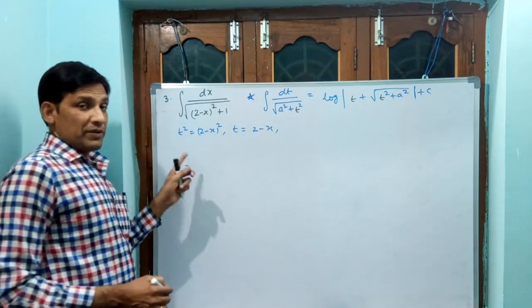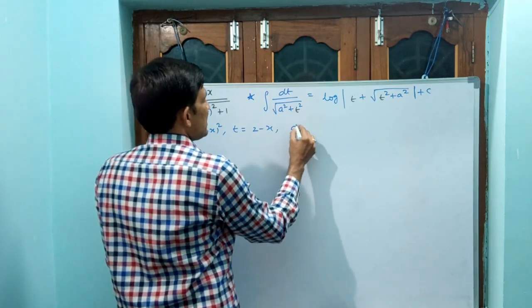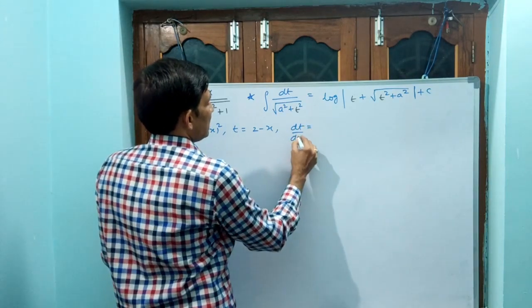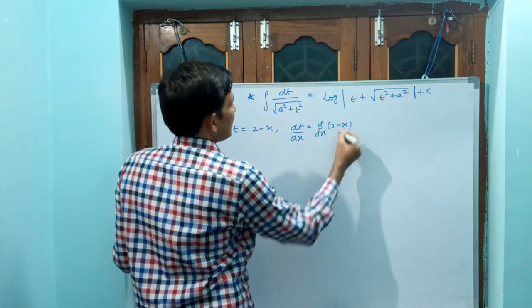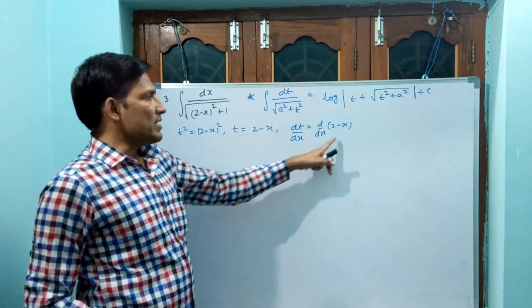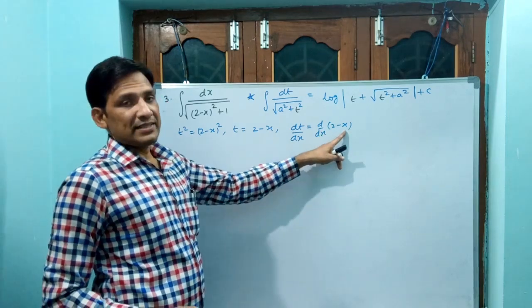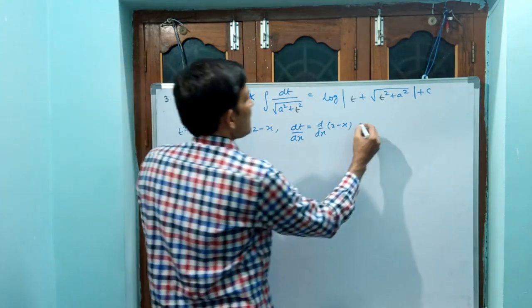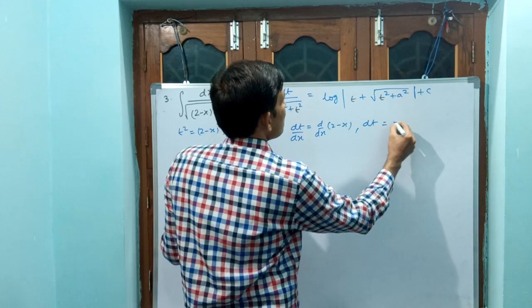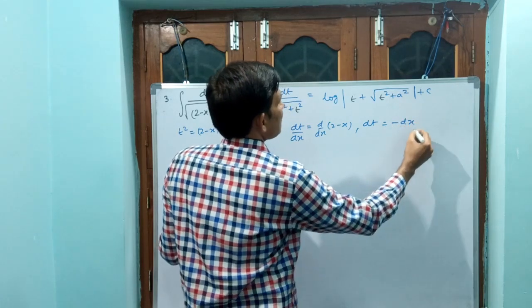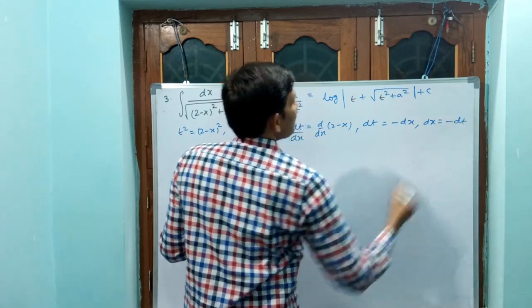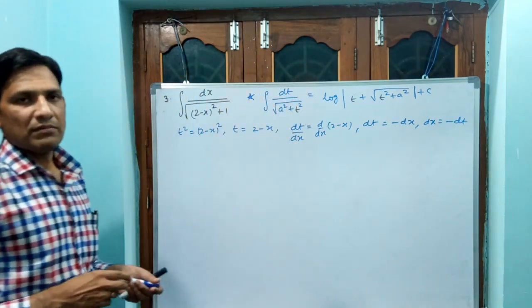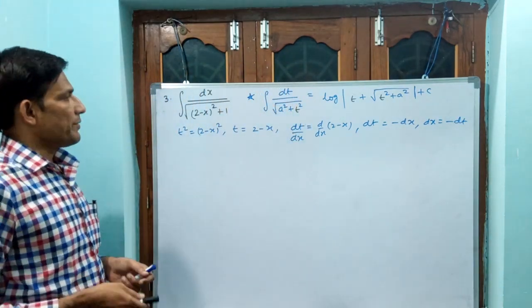If t is 2 minus x, what will be dt? dt by dx is equal to d by dx of 2 minus x. D by dx of 2 is 0, d by dx of minus x is minus 1. That means dt is equal to minus dx, or else dx is equal to minus dt.